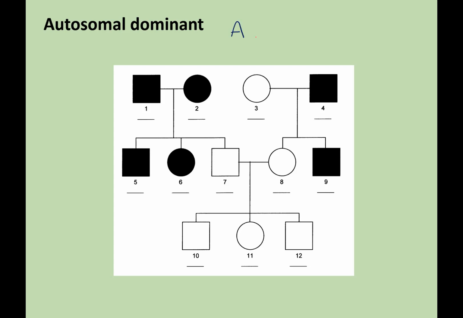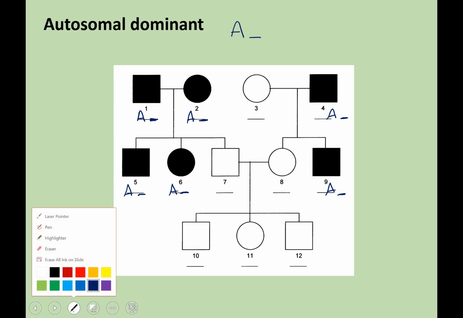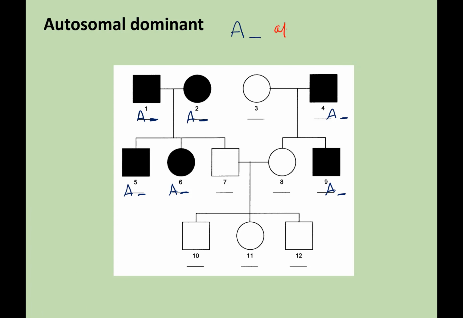You know that it is caused by at least one dominant allele. Right? So if you started filling in this pedigree, you would know that everybody that is affected must have a dominant allele. On the flip side, everyone that's non-affected must be homozygous recessive, because dominant dominates, right?